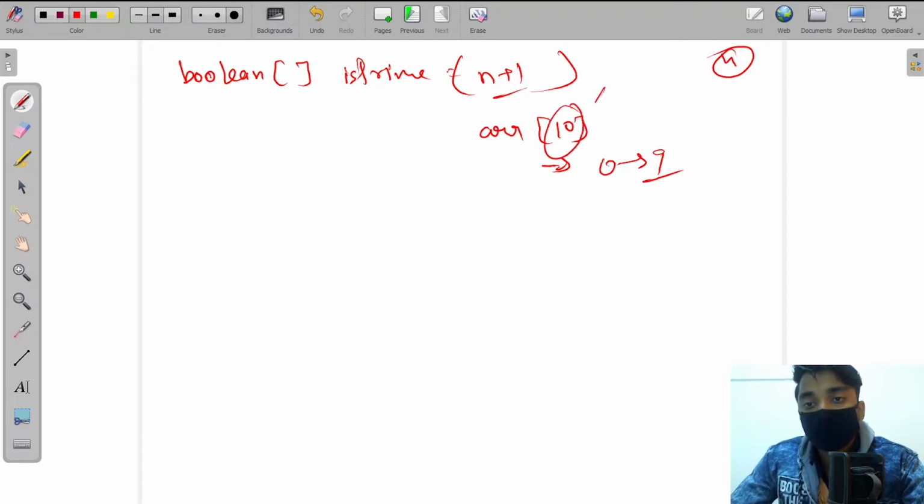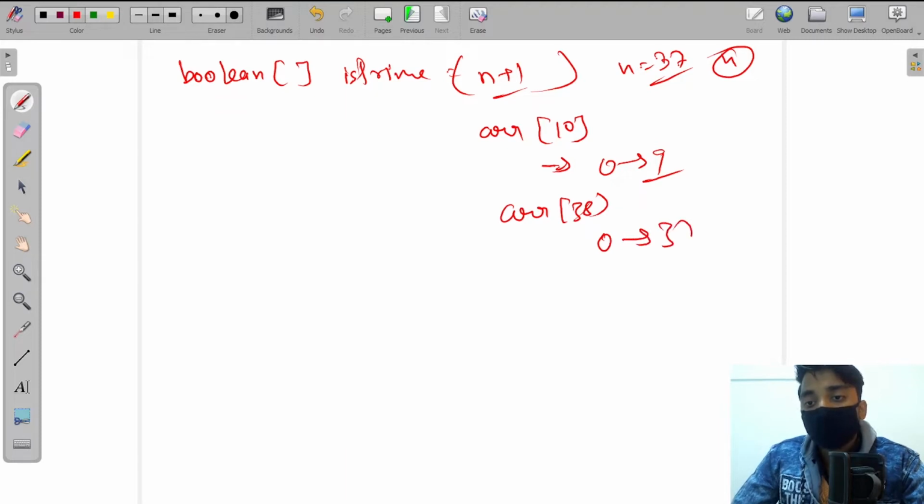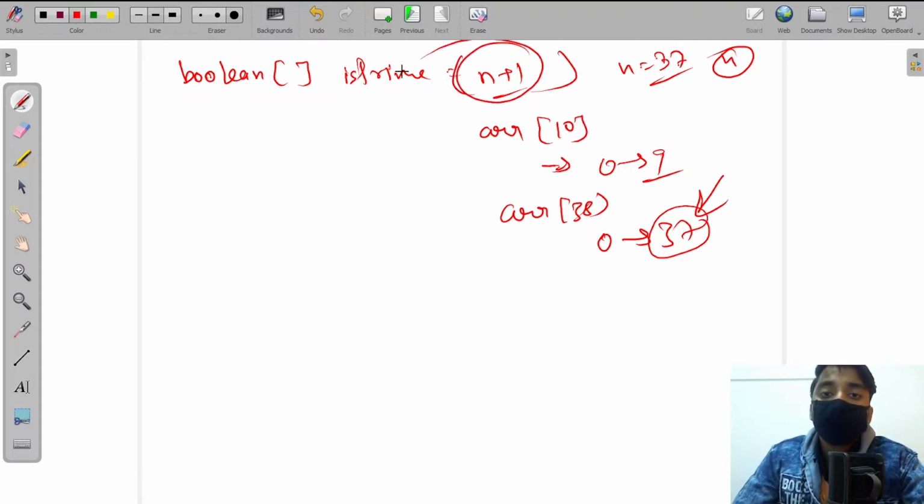But what about 10? Let's say n is 37, the size should be 38, so this will give indexes from 0 to 37. So we can also calculate the value of 37, whether it is prime or not. So we need to give the size n plus 1 for this boolean array.